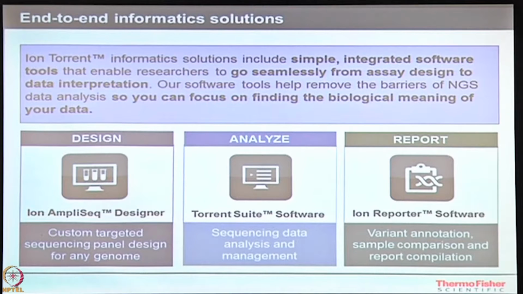That is the first part we look for, that is the design. So you are targeting particular regions for particular variants. Now you must have wondered why we target those particular regions.